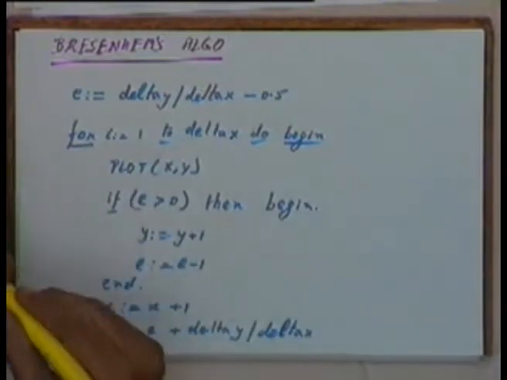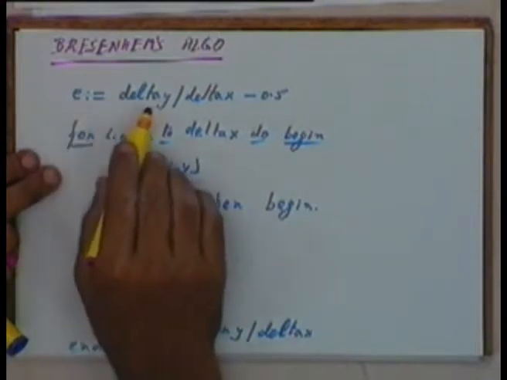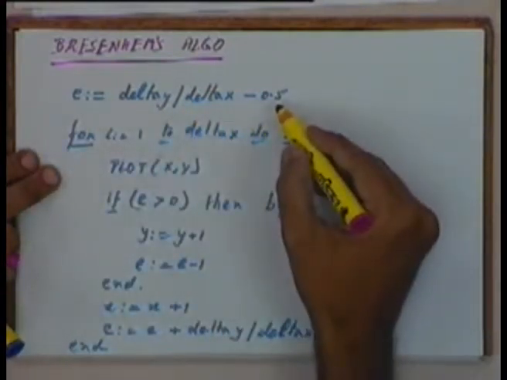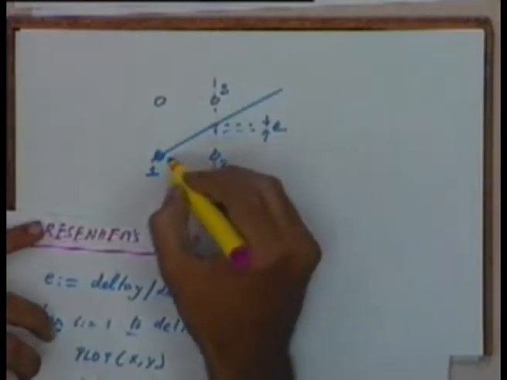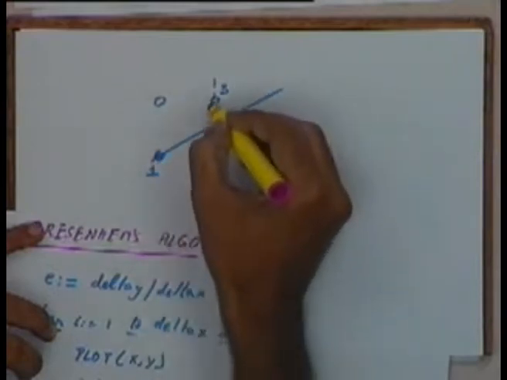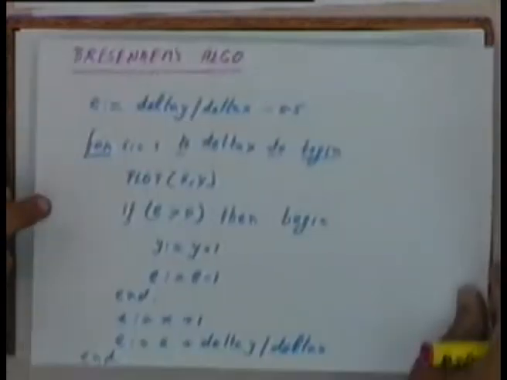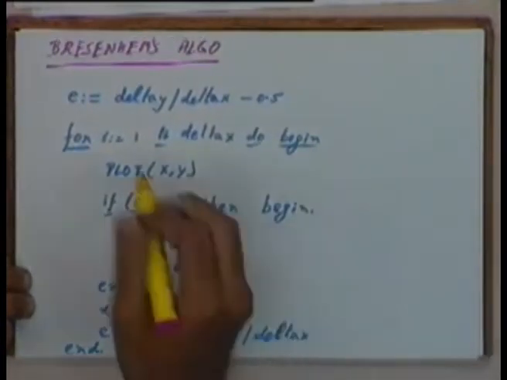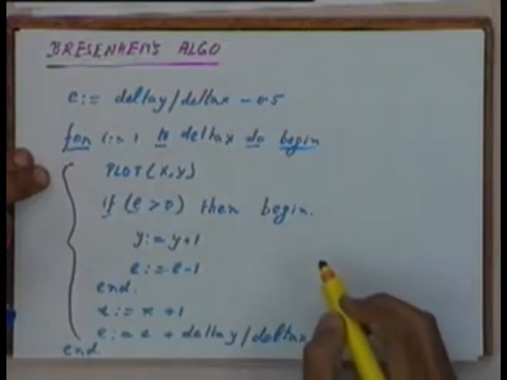So we have initialized the error term to be delta y by delta x minus 0.5, and this, as I said, would be the error at the end of the first pixel, that is at this location. Then we are repeating this part in a loop.